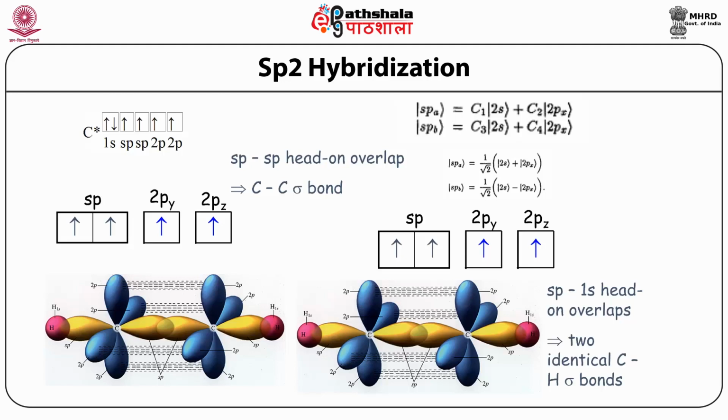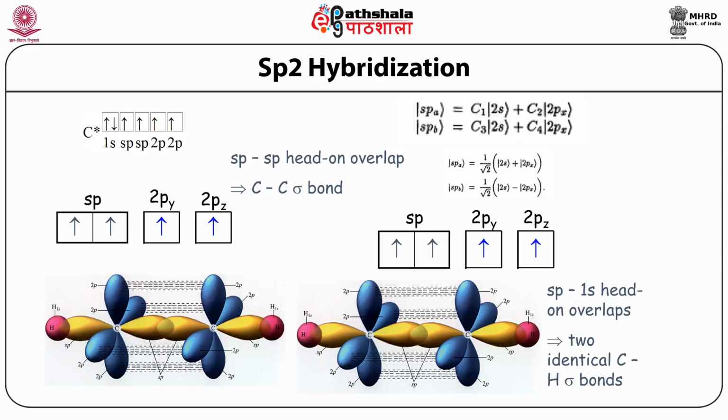From the two electron orbitals of a carbon atom, two hybridized sp orbitals, which are denoted by spa and spb, are expressed by the linear combination of 2s and 2px wave functions of the carbon atom as spa is equal to c1 2s plus c2 2px and spb is equal to c3 2s plus c4 2px, where ci are the coefficients.